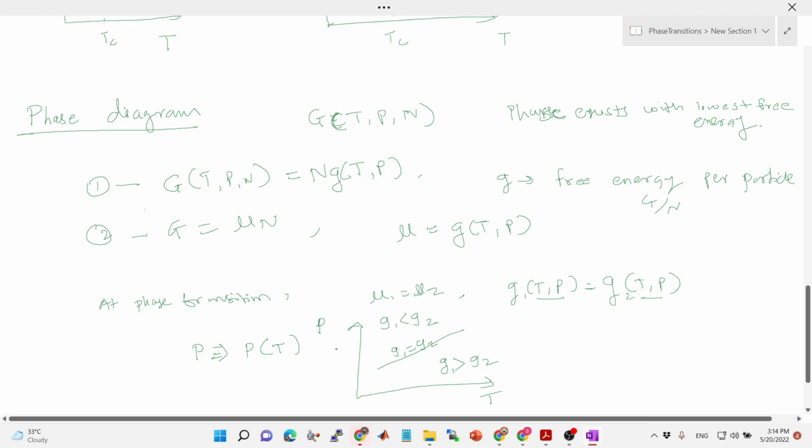If we are dealing with the phases of liquid and vapor, the curve is called the vapor pressure curve. If you have solid and liquid, it is called the fusion curve.